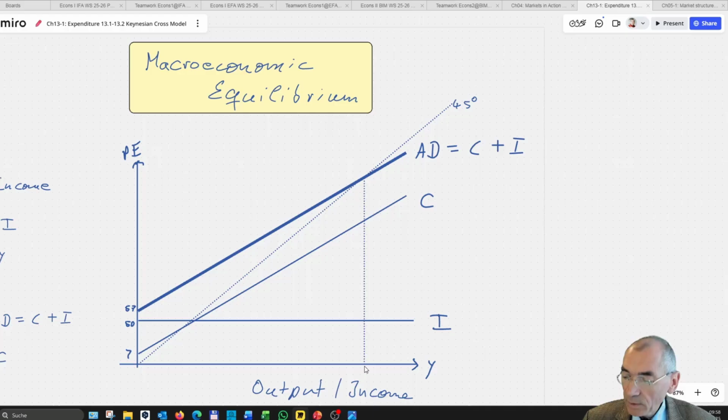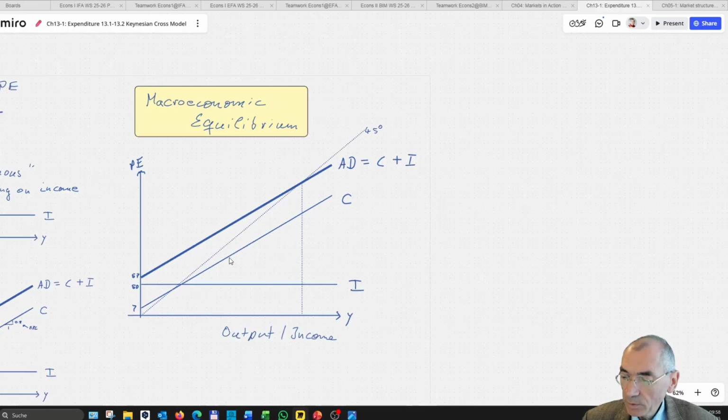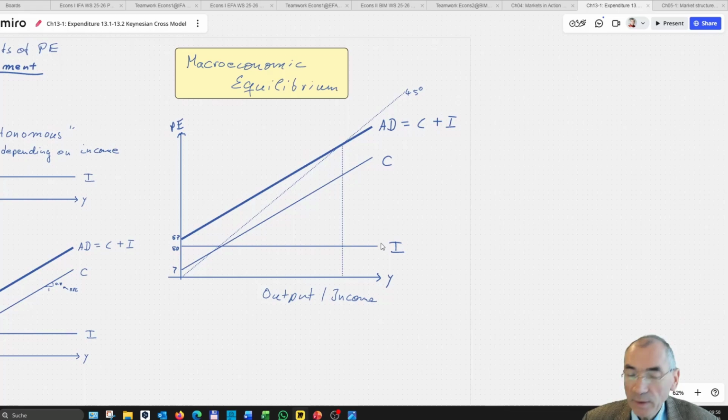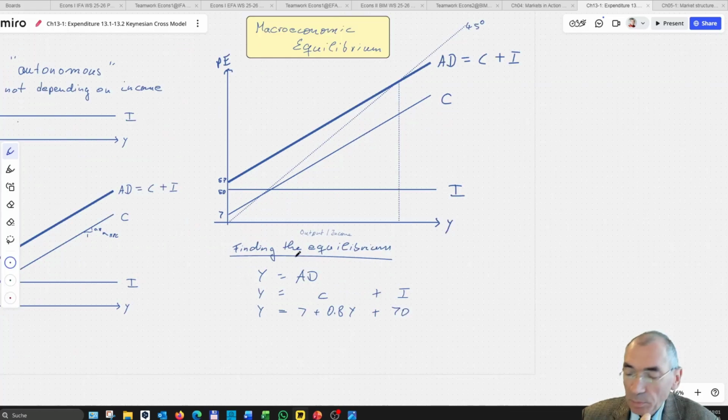When we go down here, we can see the value. We could go to the left and we would have exactly the same value. But what is the value? At which value are these two going to intersect? Let us think about the functions that we have. The equilibrium is defined by supply equals demand.